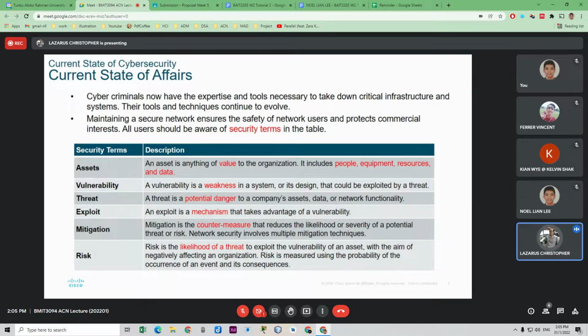It's quite useful also. All right, so cybersecurity involves cyber criminals. We call them cyber criminals because these special kinds of criminals are active online.